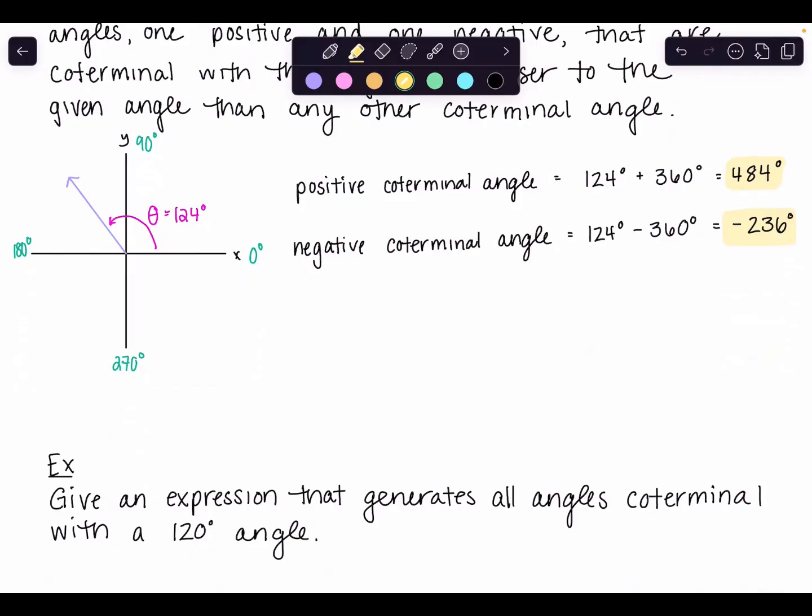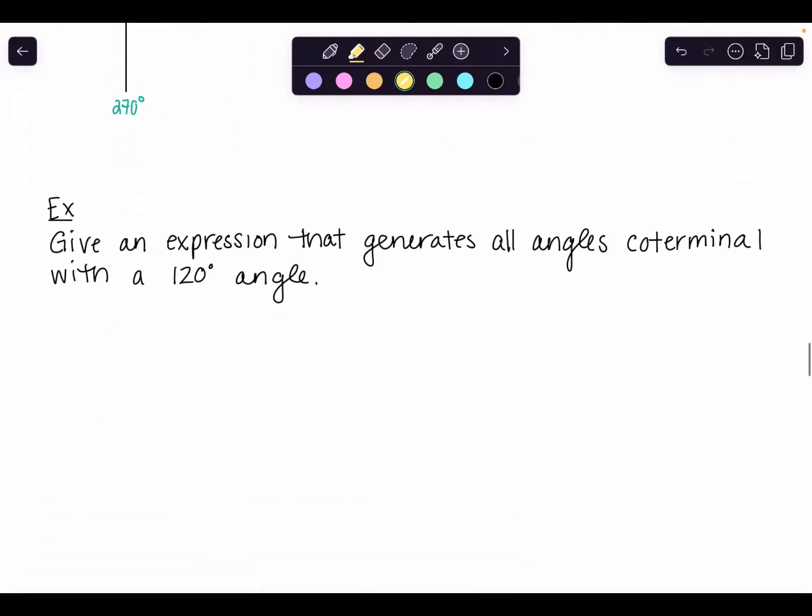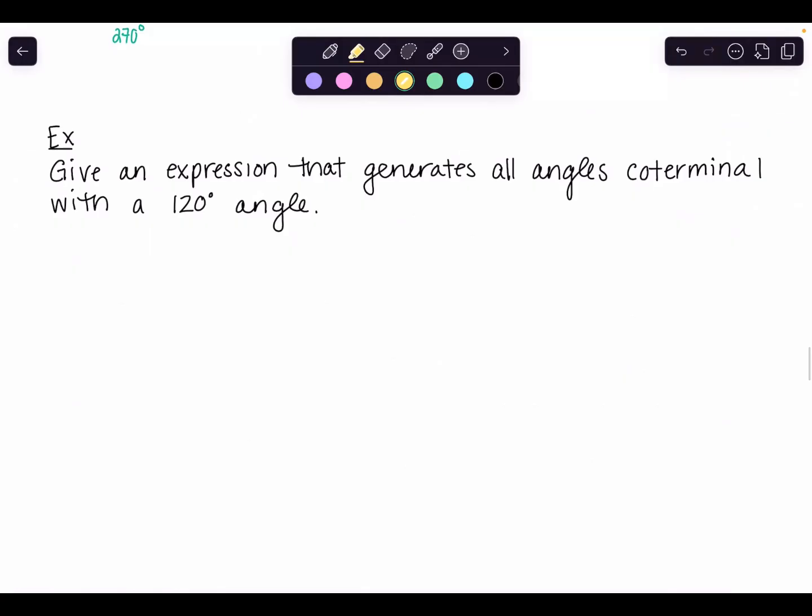To then go into something a little bit different, now let's give an expression that generates all angles coterminal with a 120 degree angle. So here I want an expression that tells me every single angle coterminal with 120 degrees. So in this case, what I need to do is basically find a way to represent how many full revolutions I'm going.